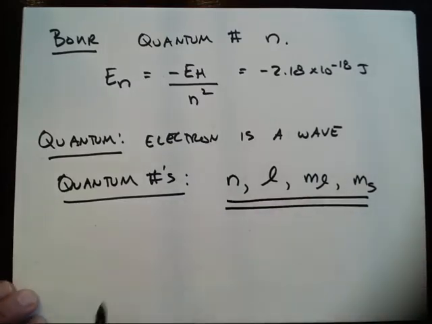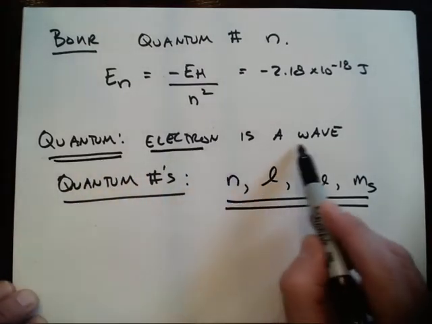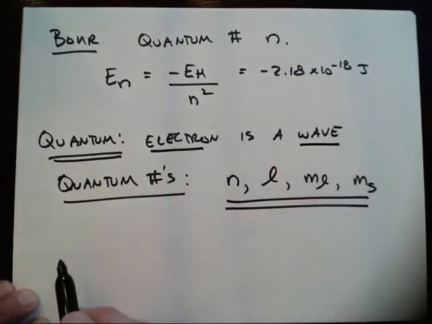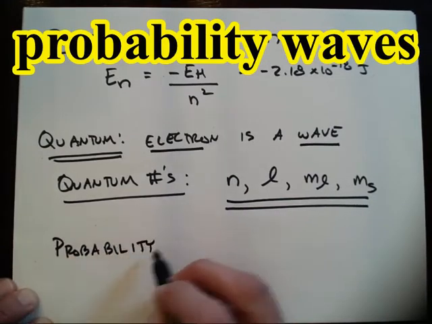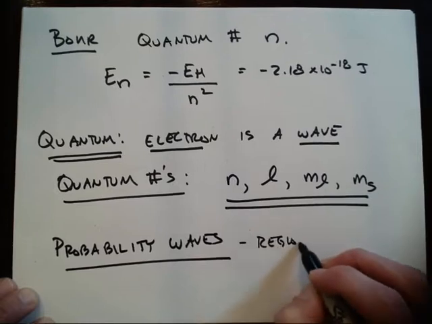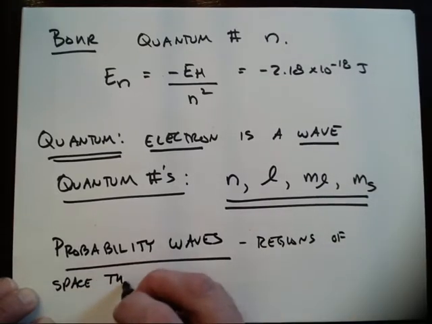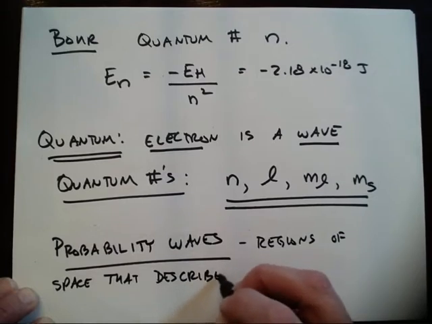Now you should recognize that the quantum model, which uses electrons as a wave, the electrons are described in what are called probability waves. In other words, these are regions of space that describe the probability of finding an electron.